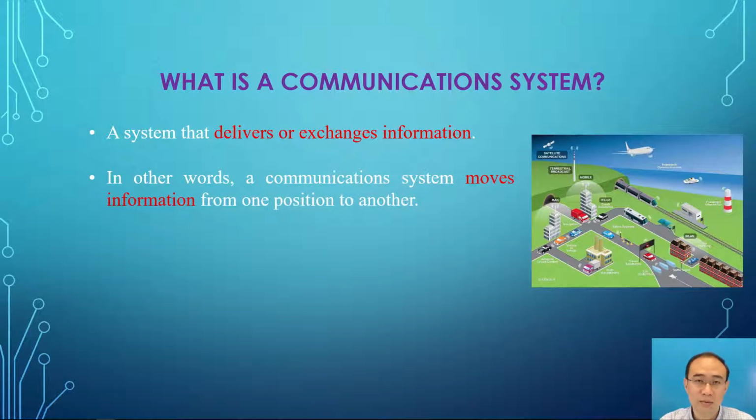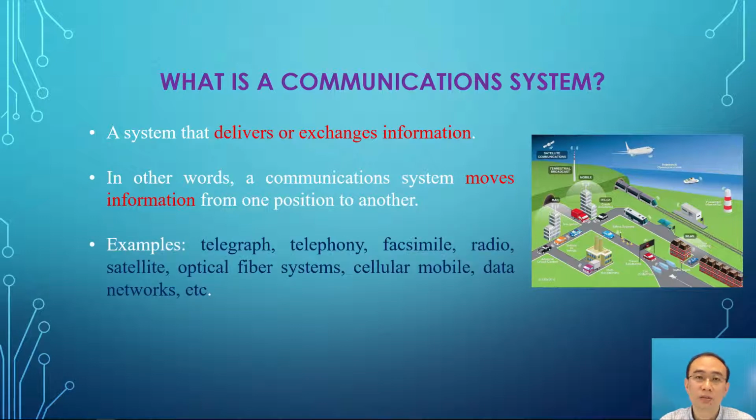By following this definition, even the traditional mail system is a communication system because it helps people to move information from one family to another. Examples of communication systems we use in our daily life include telephone, radio, satellite, cellular, internet, etc.